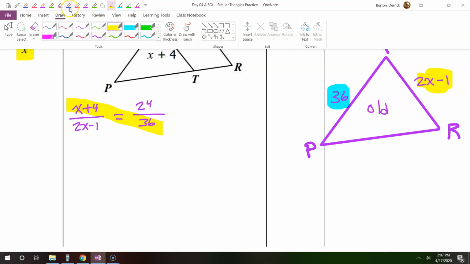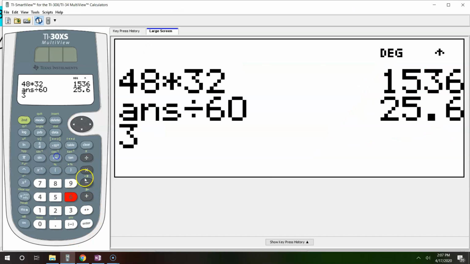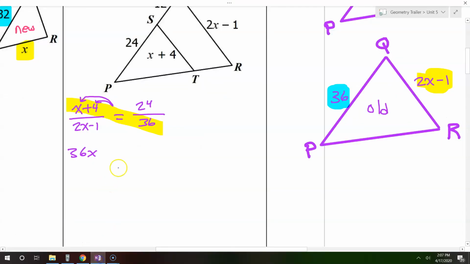Remember that I am doing the distributive property right now. So I'm taking this 36 and I'm multiplying it by the x and the 4. So 36 times x is 36x. 36 times 4 is 144.